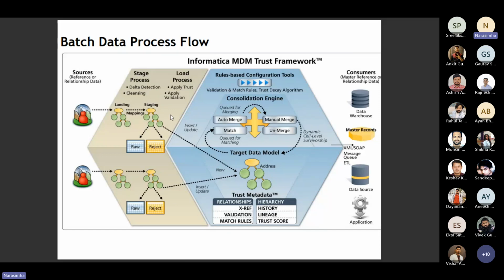Cleansed data will be directly loaded onto the stage, so we don't apply any stage operations within MDM. That is the best way, because MDM has not been designed for cleansing. Remember that. Cleansing can be done outside, and we can avail of the rich capabilities that we have in MDM.